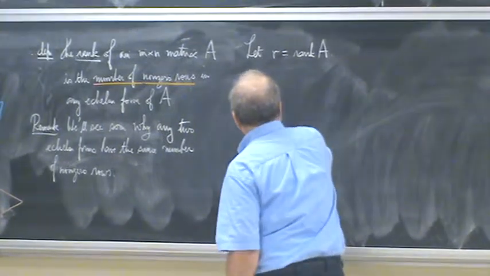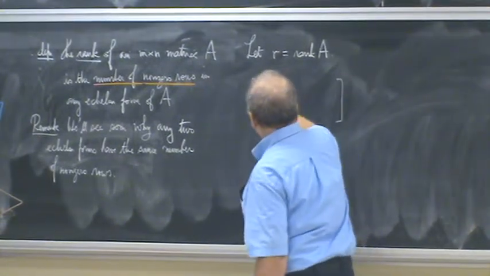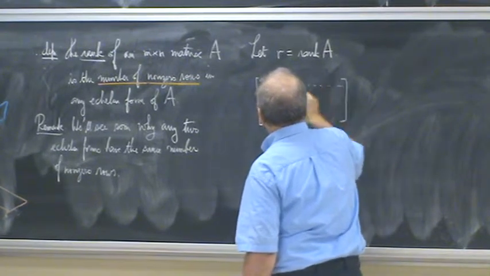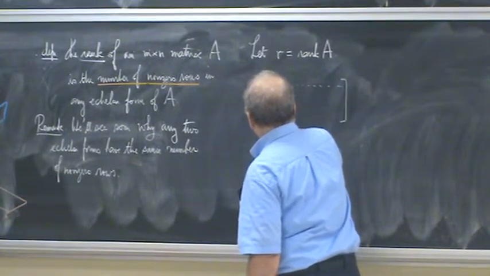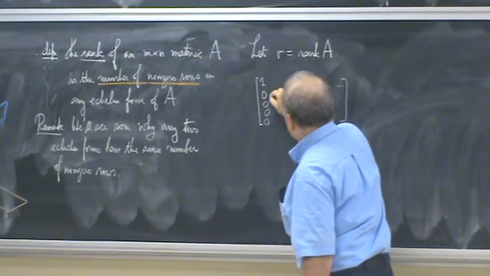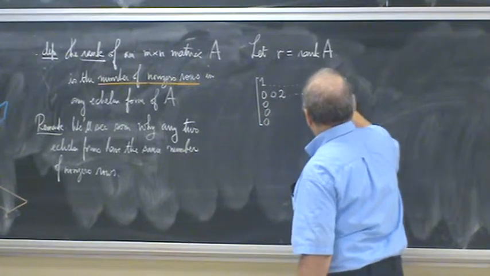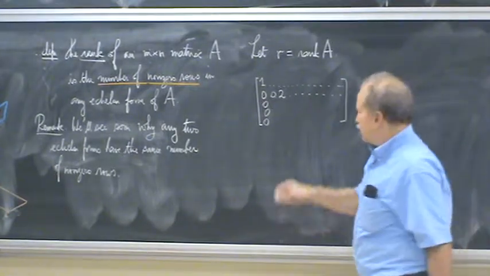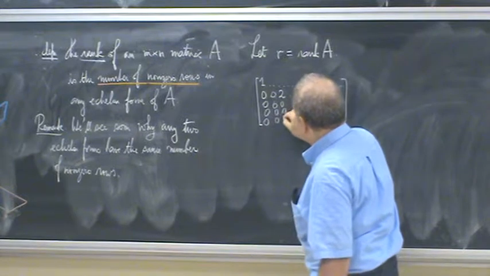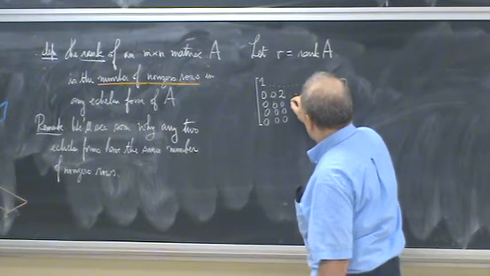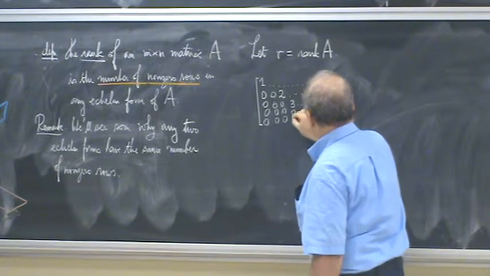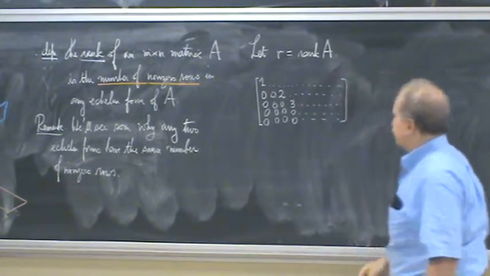So you have an echelon form of A, looks something like this, right? Junk, and then zeros here, and then you might have all zeros here, and then another pivot, and then zeros here, and then you might have another pivot here, and then all zeros everywhere.